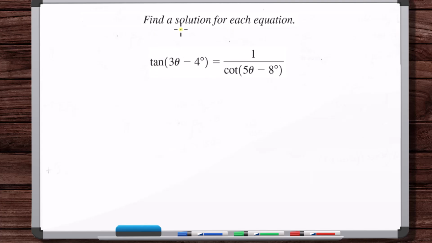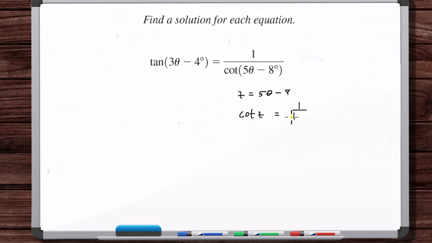Okay, find the solution to each equation. So we want to solve for theta. Well, how in the world can we do this? Let's think about the reciprocal identities. You might say, how can we apply the reciprocal identity here? This is just a variable. You could say that z is equal to 5 theta minus 8. So we have cotangent of z. Well, what is cotangent of z?